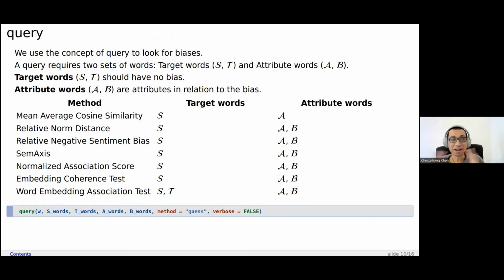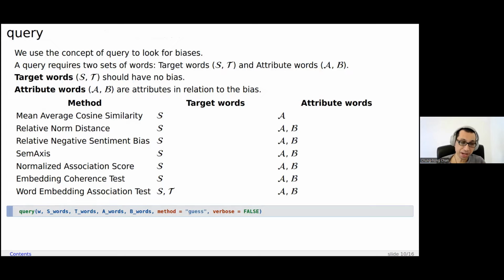And now we have our word embedding. As I have told you, there are three different things that we need to do to quantify the biases. We need the word embeddings, we need the targets, and also the attributes.